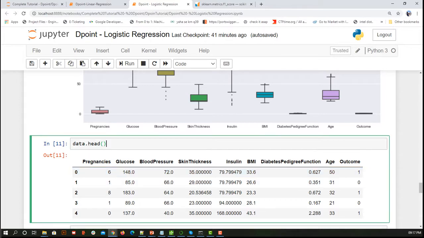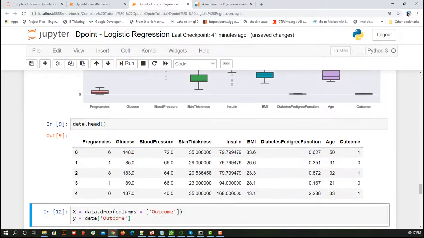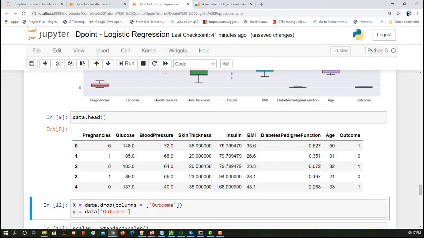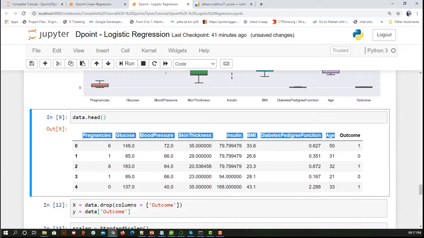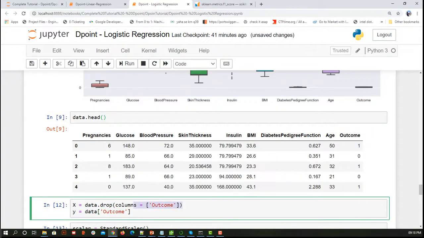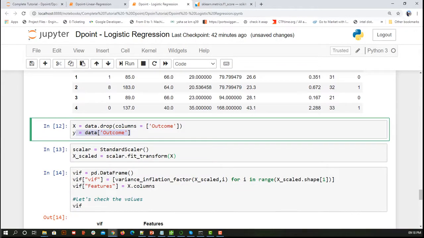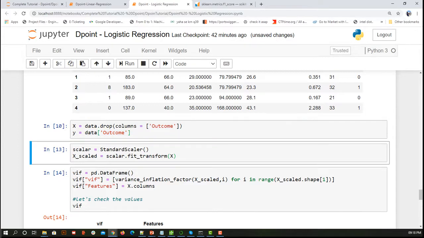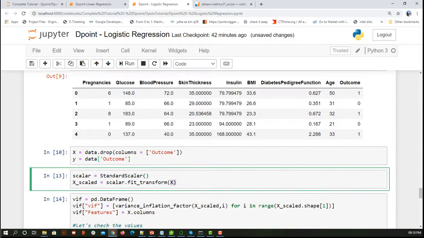Okay, so after this, if you look at my data.head, I can see that pregnancy to age are my input features. Based on that I need to predict outcome. So I am considering all these inputs as my x and the outcome as my y. After that division I am going to do the standard scaling. If you don't do this, you can still go for predicting, that is fine.